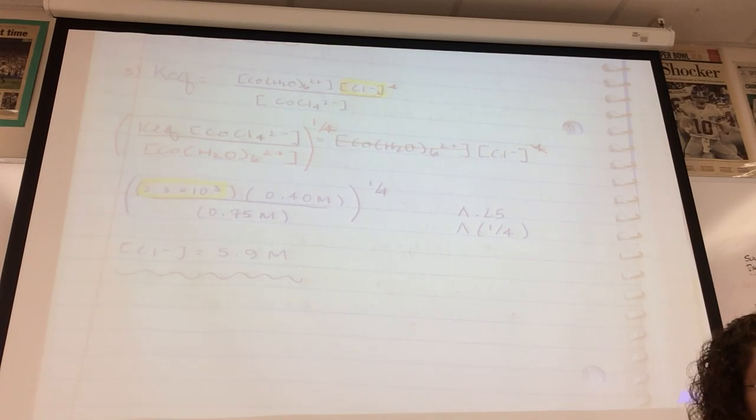Equilibrium is a dynamic process. It continues to go. It's not static. What we'll get into next time is what happens to a system when you do something to perturb equilibrium. You want to know how the system responds, and we'll get into that next time.